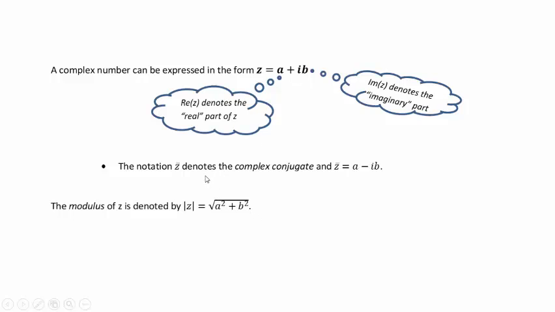So these are two vocabulary words that I will use in these slides. You will see in the book the complex conjugate z bar and the modulus, which is really just the absolute value of z. I'm not sure your book actually uses the word modulus, but the modulus just refers to the absolute value, like magnitude with a vector. So very similar.